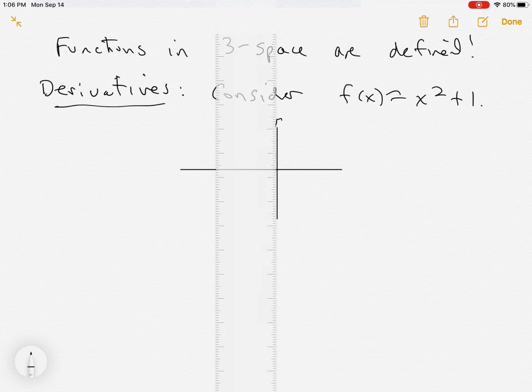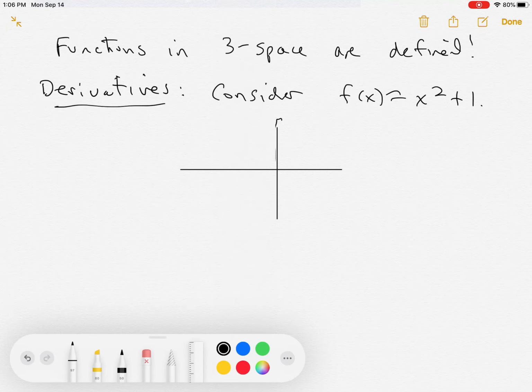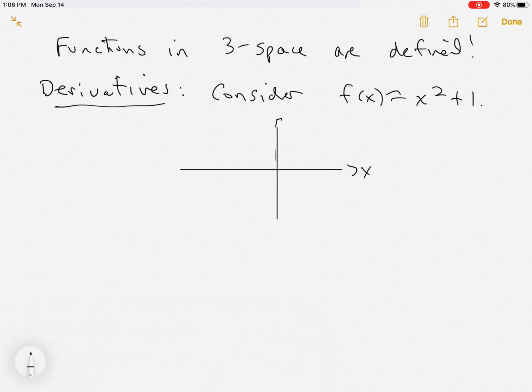There you go. There's x, there's y, and here's this little parabola, f of x equals x squared plus 1.